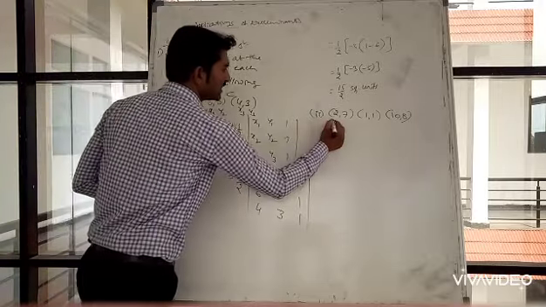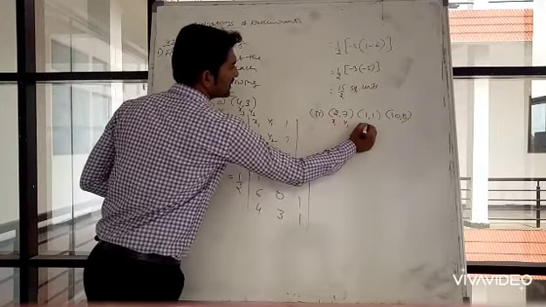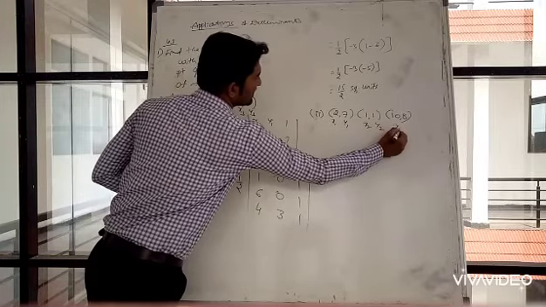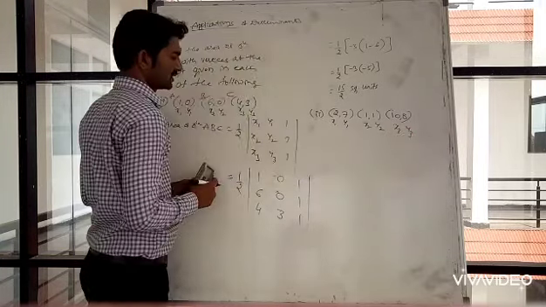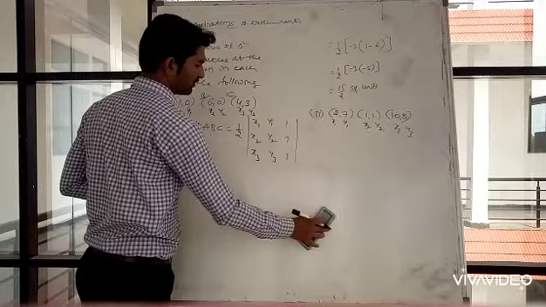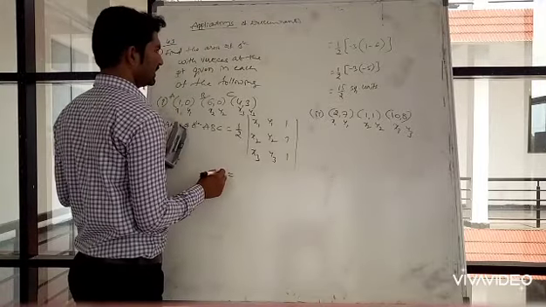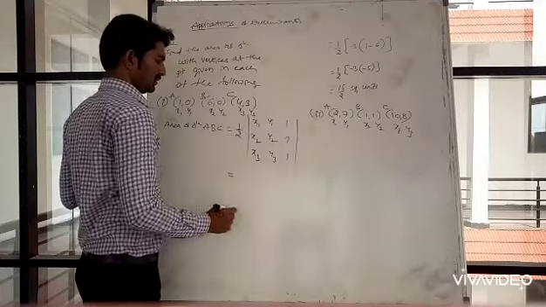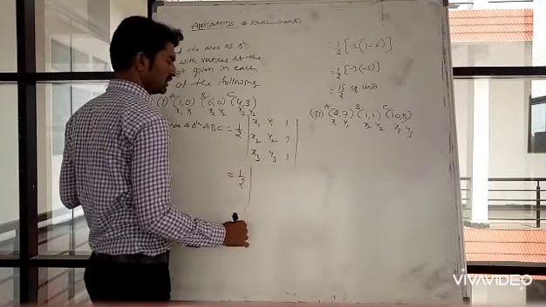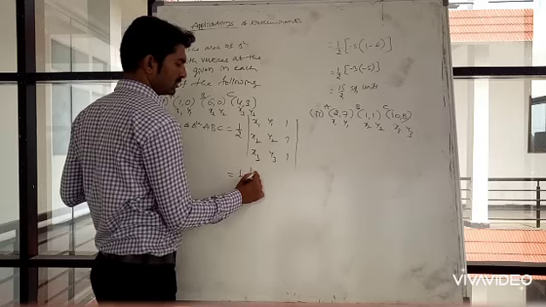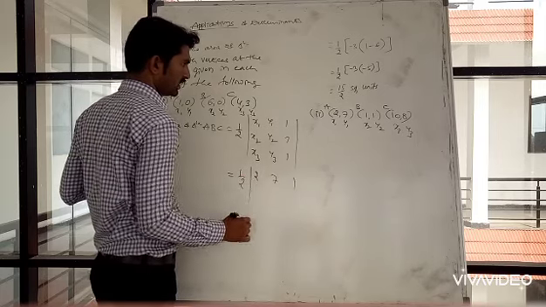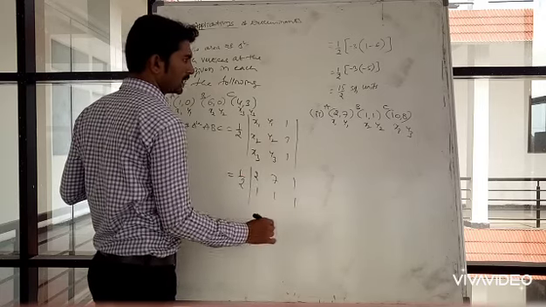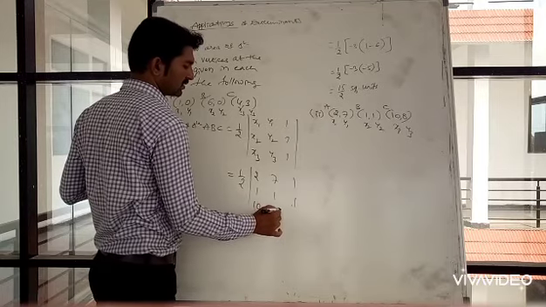Here let us consider x1, y1, x2, y2, x3, y3. Substitute here and simplify, and you get the answer for the area of the triangle. We consider A, B and C. 1 by 2 determinant: x1 is 2, y1 is 7, then 1, 1, 1, 1, 10, 8, 1.